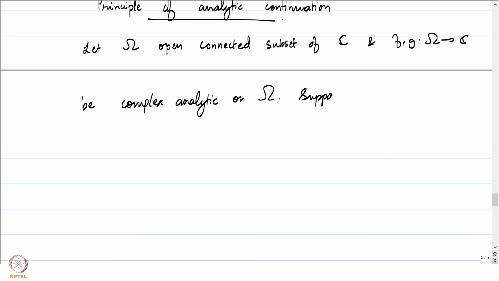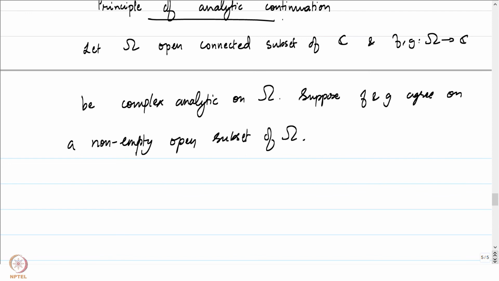Suppose f and g agree on a non-empty open subset of omega. Then f is identically equal to g on omega.